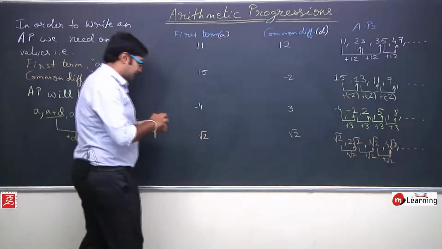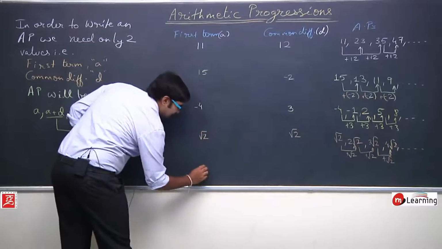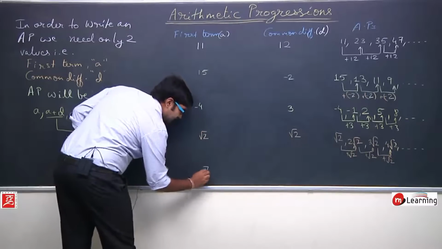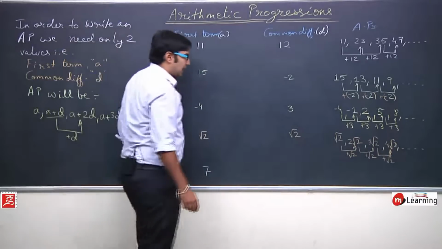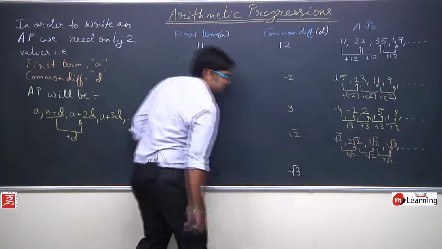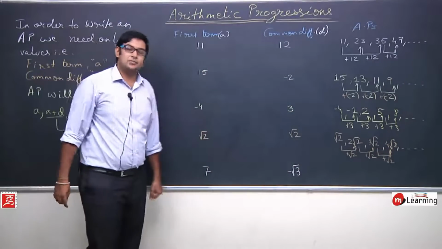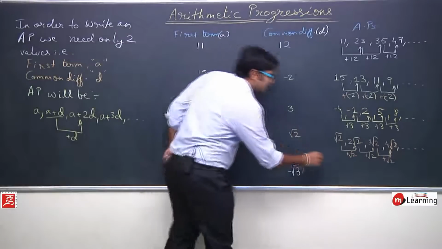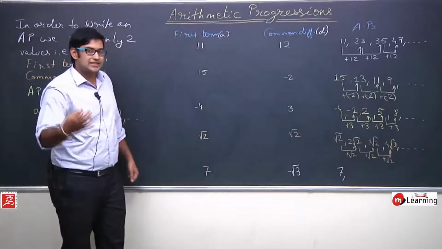Then next, if I take the first term as let us say 7, and common difference as minus root 3. If my common difference is minus root 3, then what will be my arithmetic progression? The first term of the arithmetic progression will be 7. Then after 7, what will be the second term?